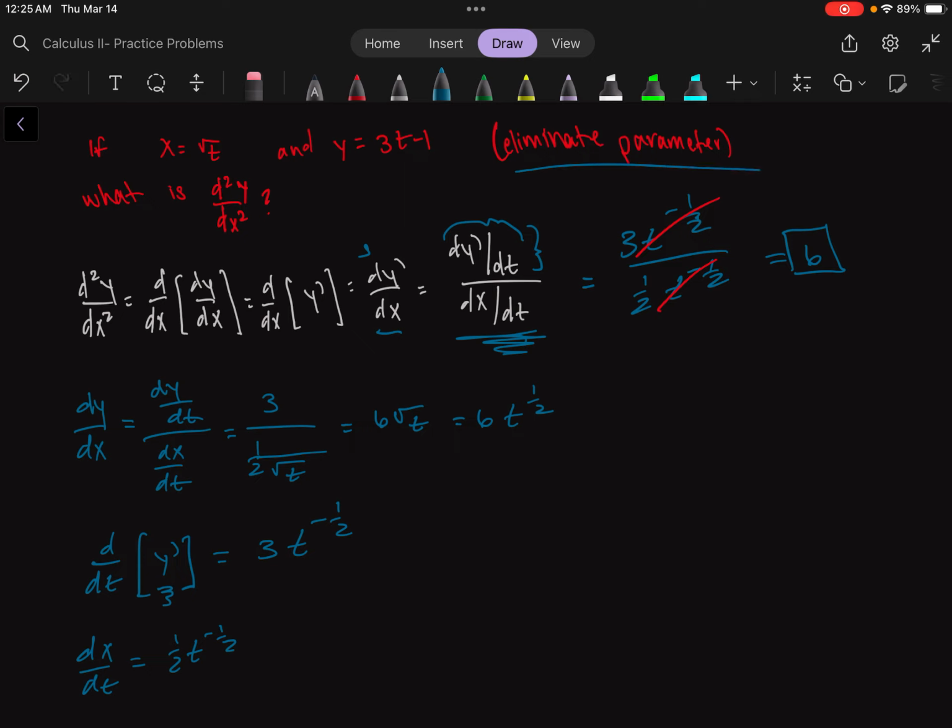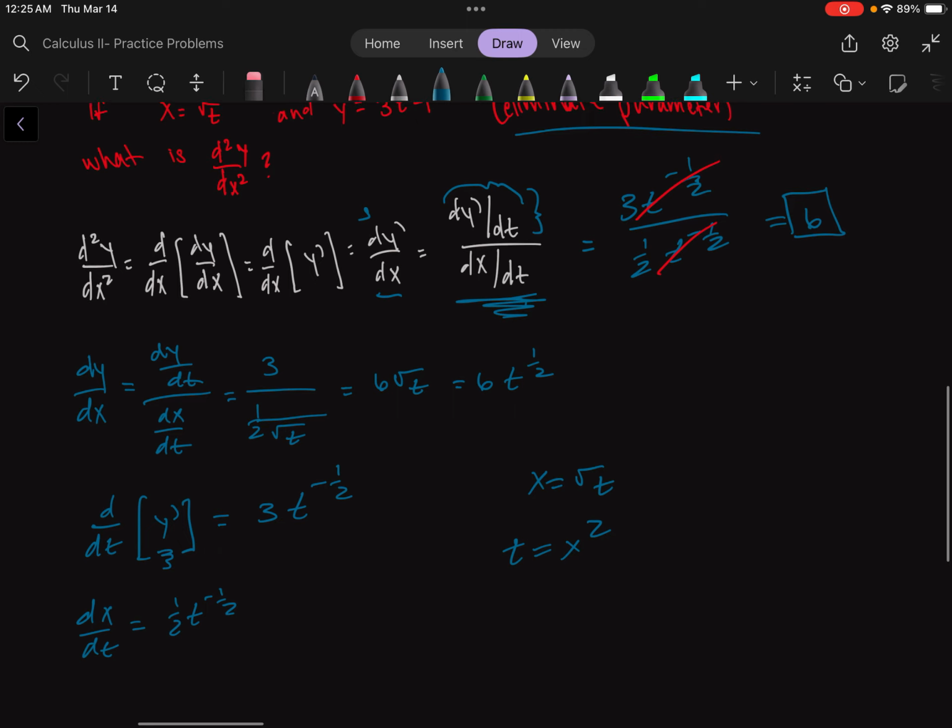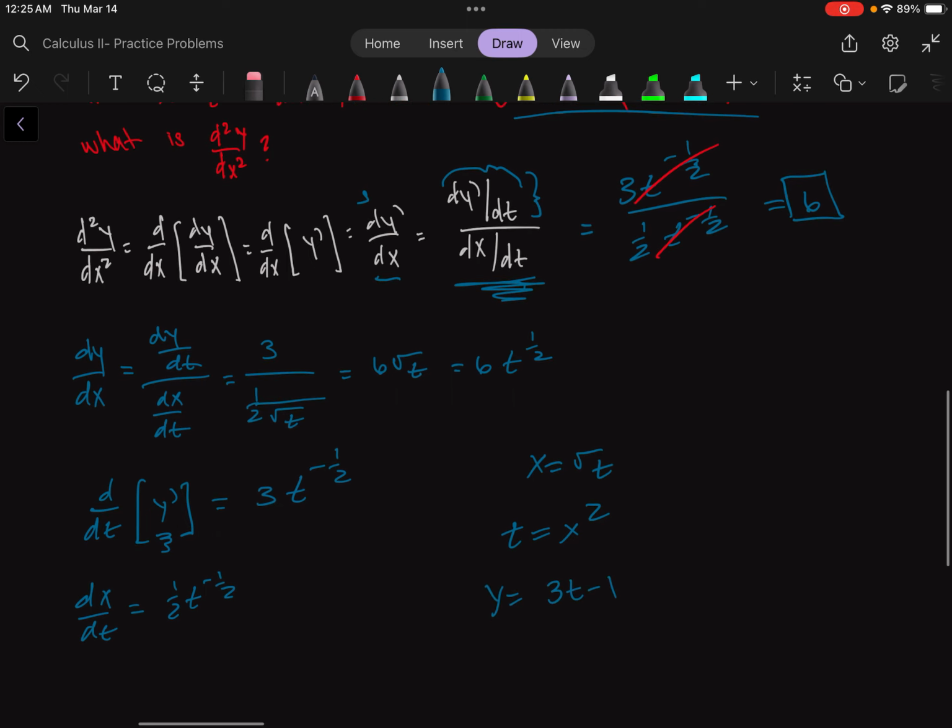If we want to find the second derivative of y with respect to x, can we write y as a function of x, meaning if x equals the square root of t, can we say that t is the same thing as x squared? And in that case, y equals 3t minus 1. So really, y equals 3x squared minus 1.